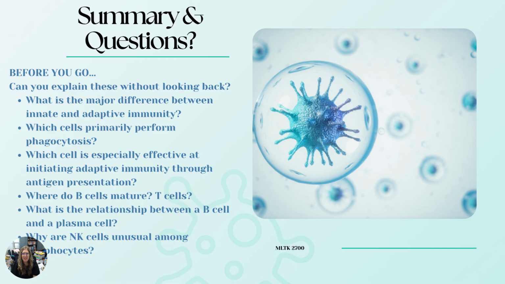And then we have cells that kill, cells that engulf, cells that communicate, and cells that produce antibodies. And most importantly, these are not independent pieces, they're constantly communicating. So, as we continue, we're really going to start filling in the mechanisms that allow that communication to happen.